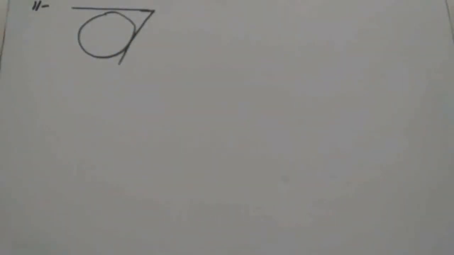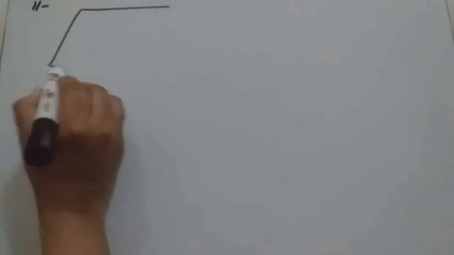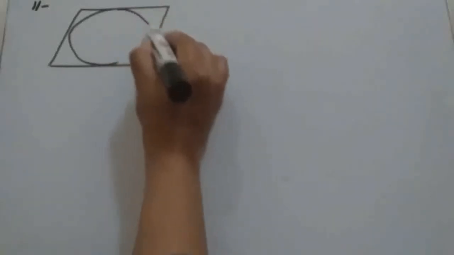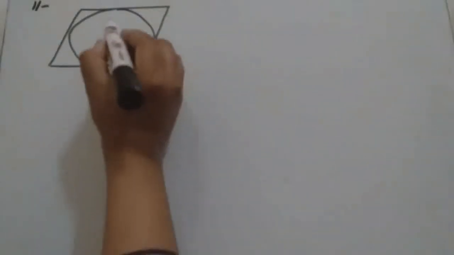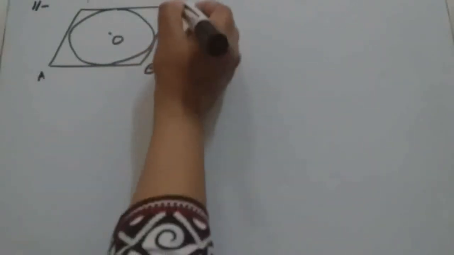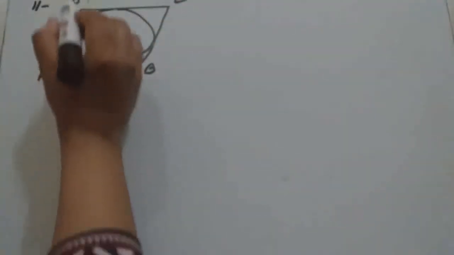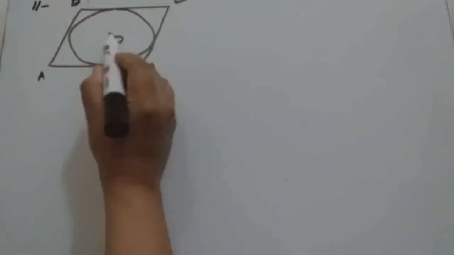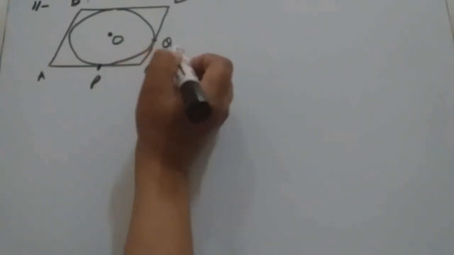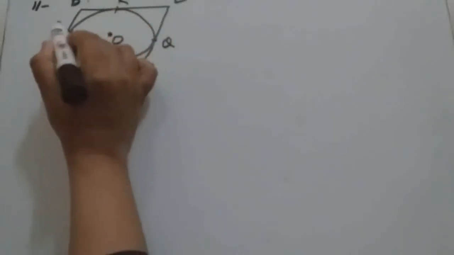So first we can draw the parallelogram, then the circle. So let ABCD be a parallelogram. Then suppose these points of contact are P, Q, R and S.